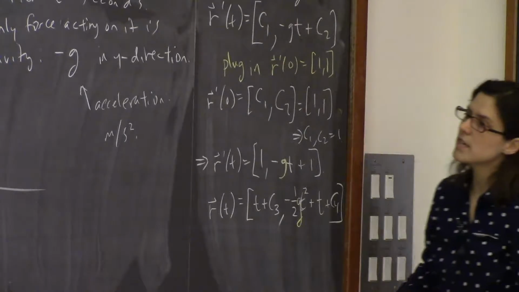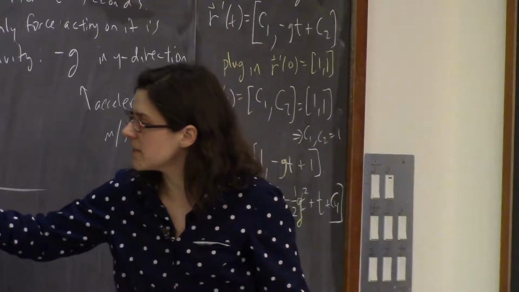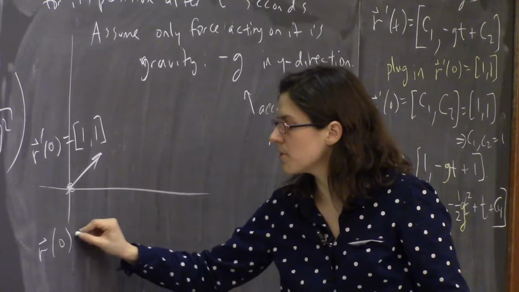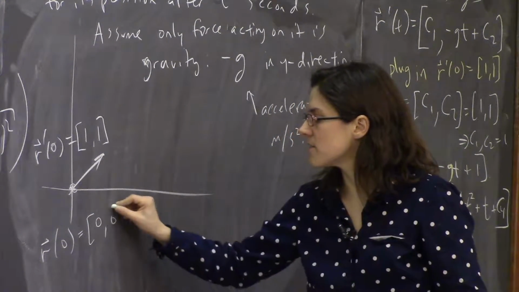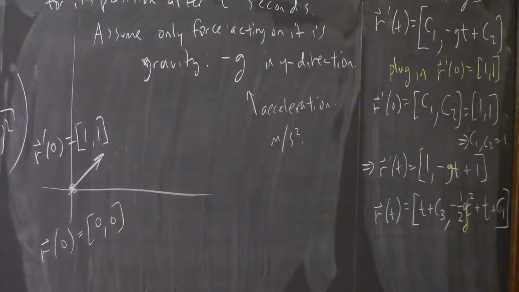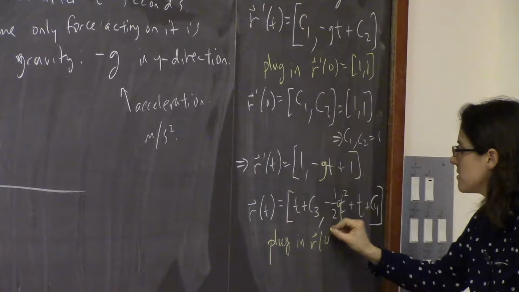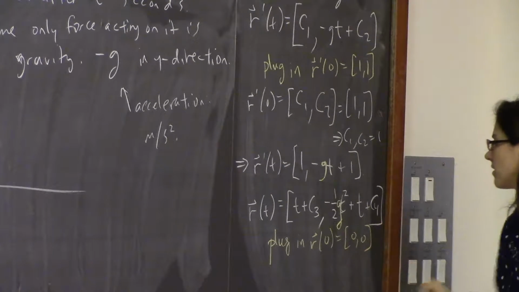And let's suppose we could start our particle anywhere, but for simplicity, let's start at the origin. So let's suppose that r of 0 equals 0, 0.